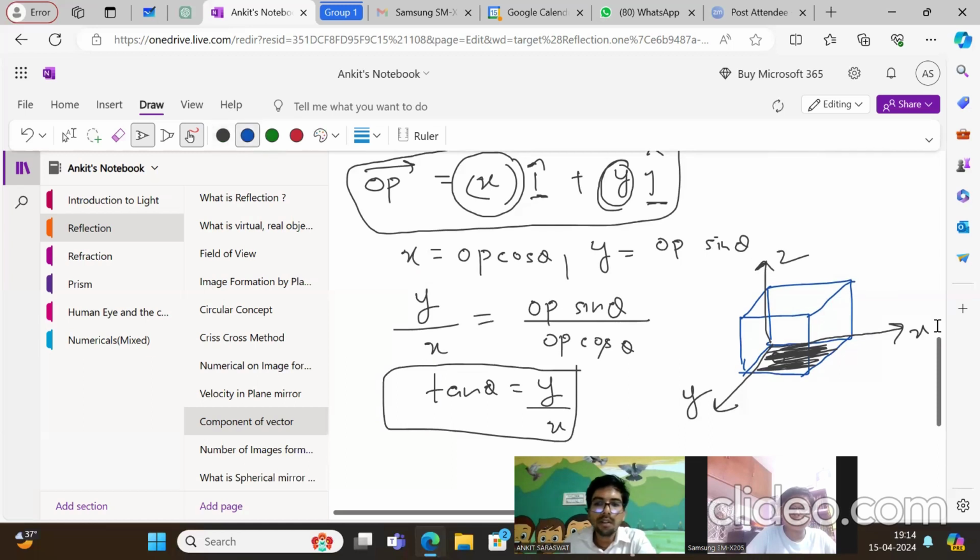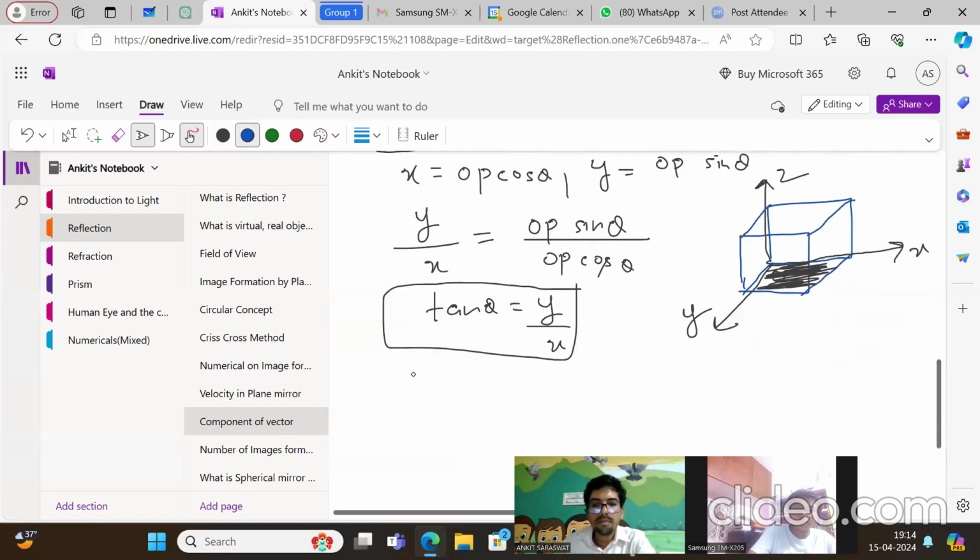Theta tells the direction of the vector. Anybody asking what is the direction of a vector? Theta will tell. Theta is also known as slope in maths.